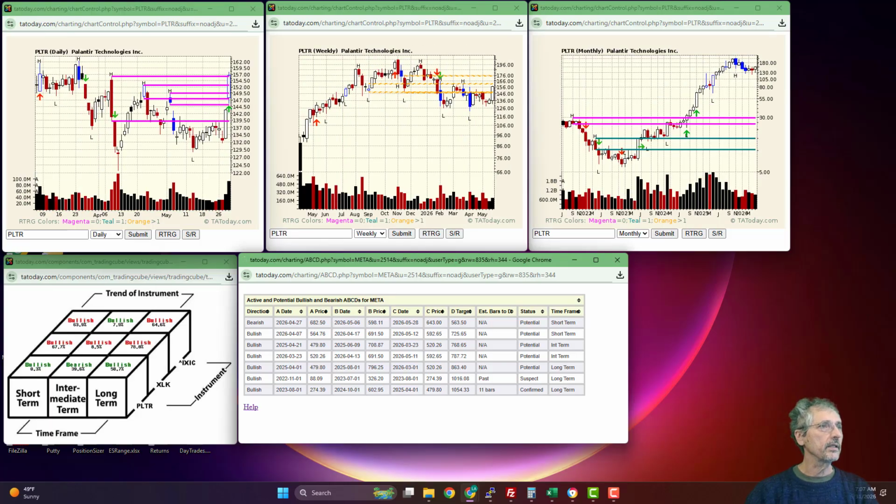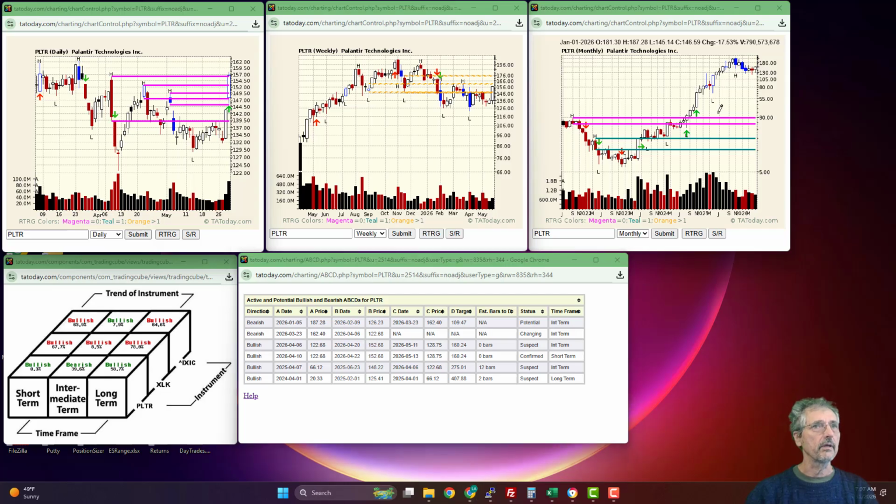Palantir. Palantir had been sold off pretty hard, for Palantir. If you look at this, I mean, this was a huge run, and now you kind of get this rolling bottom that's coming in, right? So you got swing point low, lower low, lower low. If this sticks, you're going to end up with 1, 2, 3, 4, 5, 6.